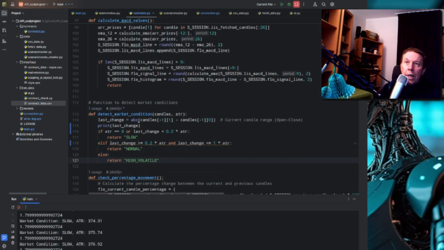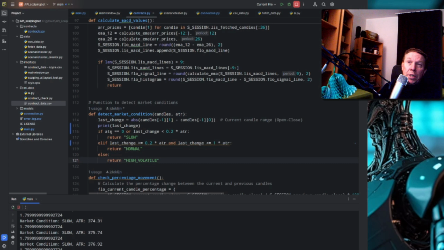Also new is detect market condition. For the last week or more, I was looking at a way to prevent the bot from opening a position while the market is very slow. Detect market condition is what we look at, and that's what ChatGPT told me. We take the last change, an absolute between the sell price and the buy price of the latest candle, and I printed this one because I want to know what this exactly was.